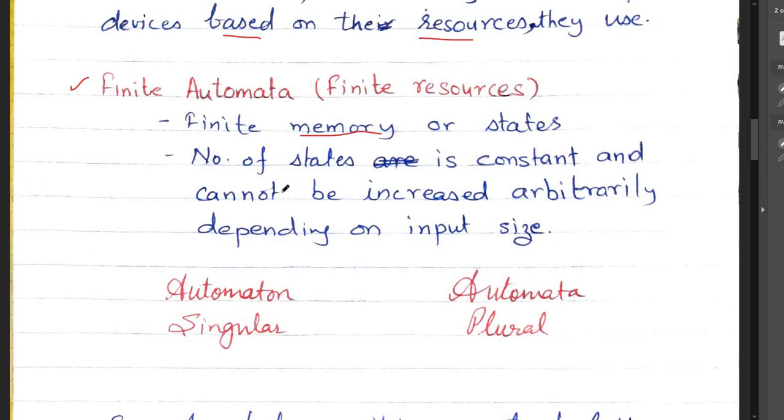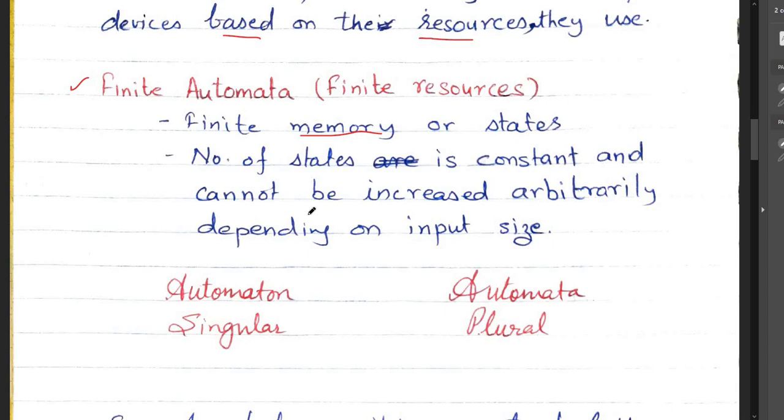So basically we cannot increase or decrease it with the number of inputs.